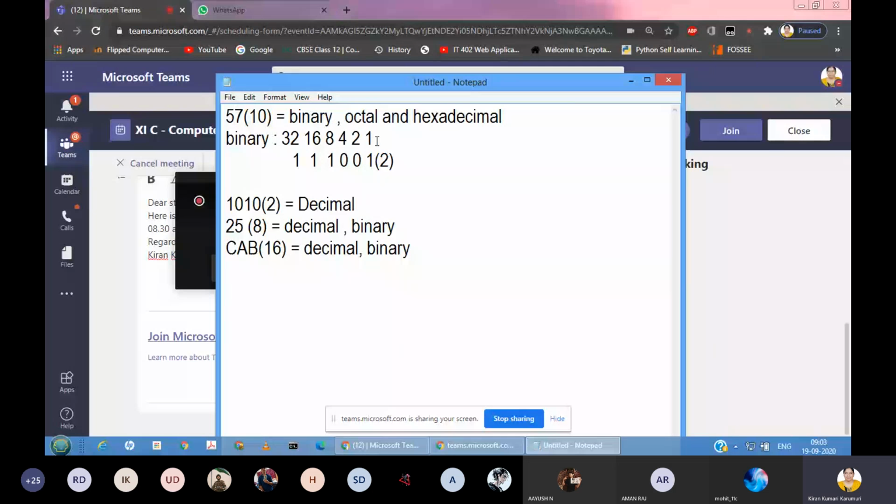It is an odd number, so 1 is needed in the 1's place. Then we need 56, so by combining these numbers you decide where to put 1. But in the exam, you don't do like this. This shortcut is only for cross checking. Okay, ma'am? Yes, ma'am.